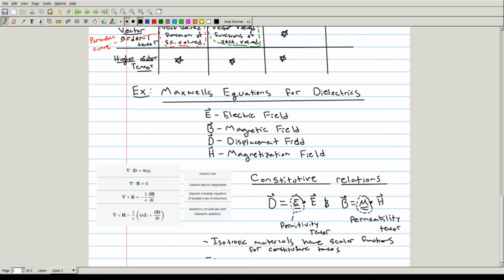But for a material where the dependence between D and E, and B and H, depends on direction, or an anisotropic material, these constitutive relations are in general tensor relations, and specifically rank 2 tensors.